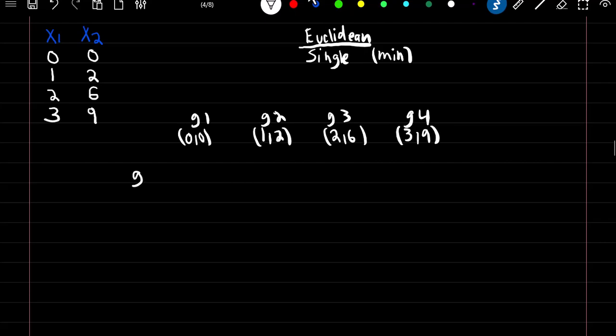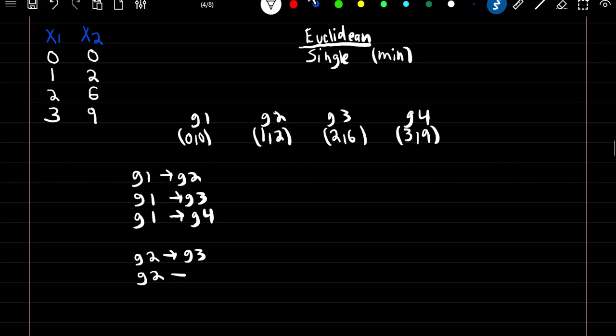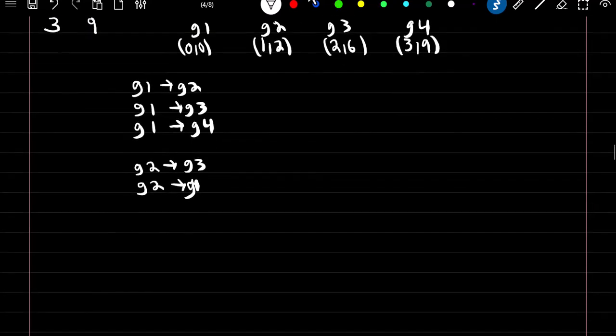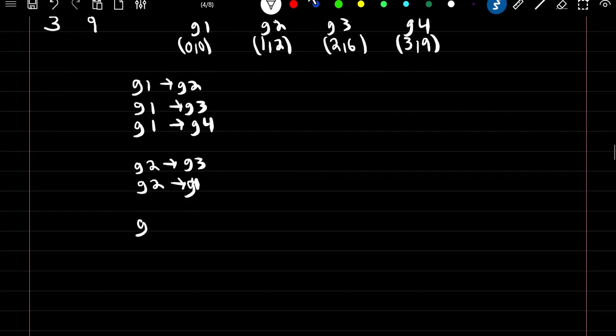So our options: we can go from group 1 to group 2, group 1 to group 3, group 1 to group 4, or we can go from group 2 to group 3, group 2 to group 4, or finally from group 3 to group 4. So we're going to have 6 different choices. So we just have to find these Euclidean distances and then choose the smallest of them.